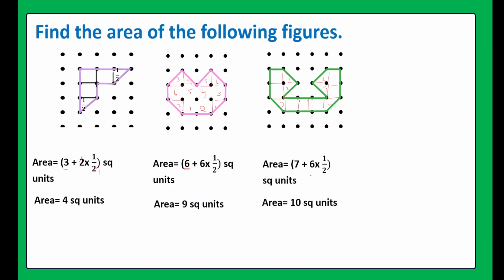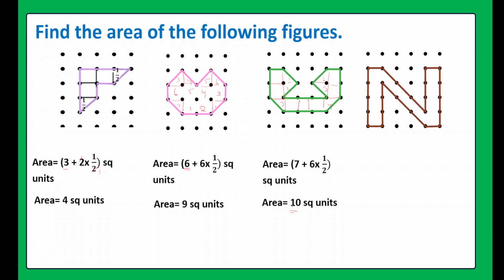Therefore, 7 plus 3, nothing but 10 square units. For the next one, we have 8 full units and 6 half units, when we write it out like this. This area is equal to 11 square units.